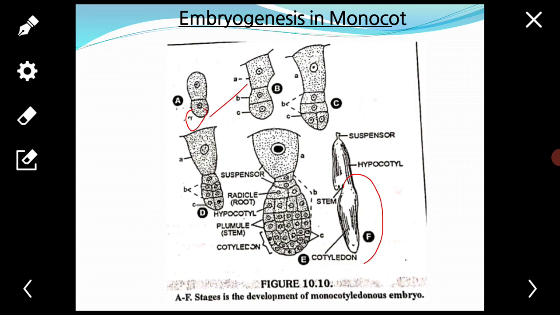In this, the different stages of embryo development in monocotyledons are shown.